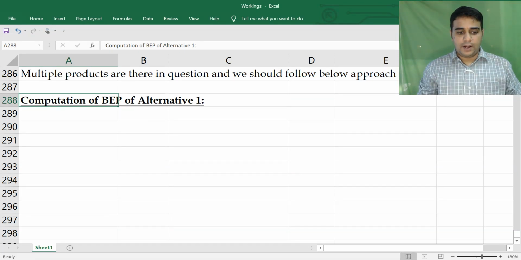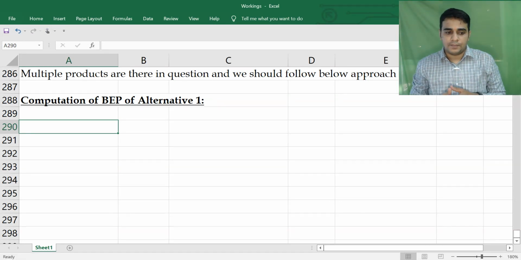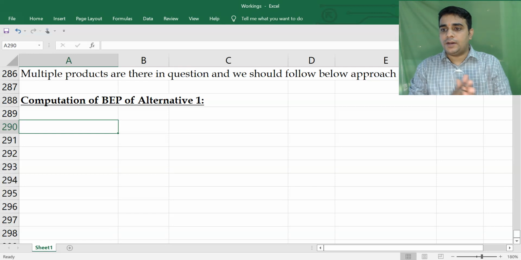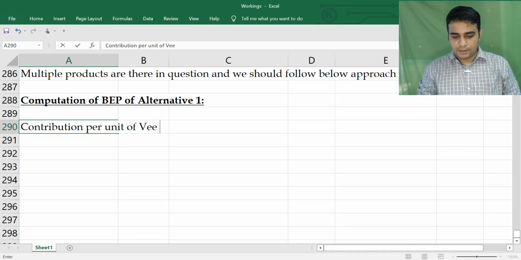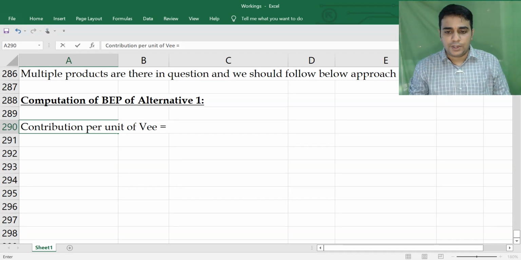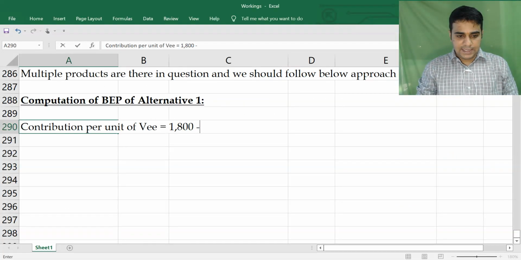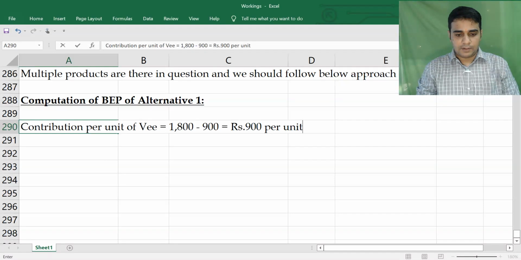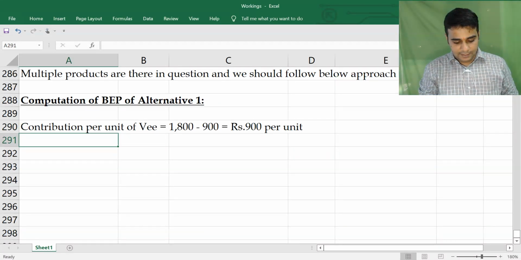Now write computation of BEP of alternative 1. Contribution per unit of V is equal to 1800 minus 900.